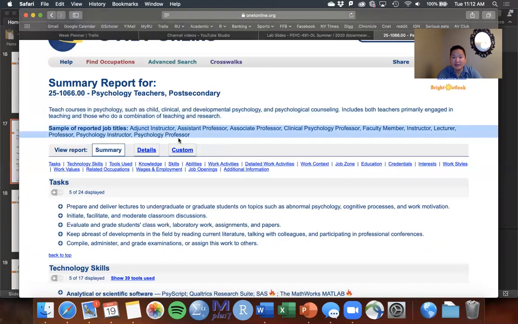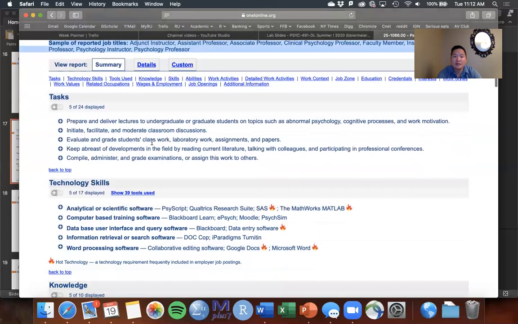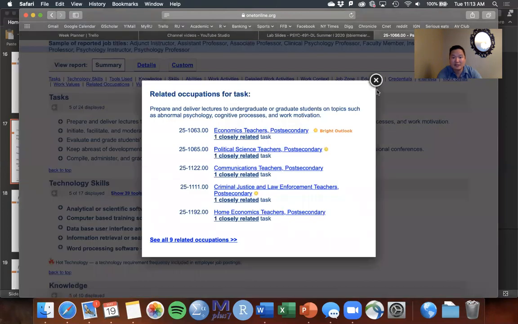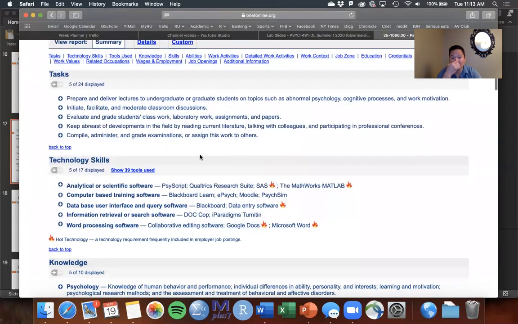Sample reported job titles, adjunct instructor, assistant professor, associate professor, faculty member. Then it gives tasks. Prepare and deliver lectures, initiate, facilitate, and moderate classroom discussions, evaluate, grade students' work, lab assignments, etc. And it says only 5 of 24 displayed, so there's actually a lot more in here.